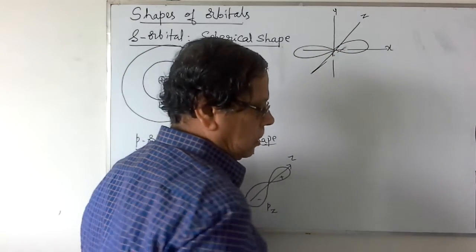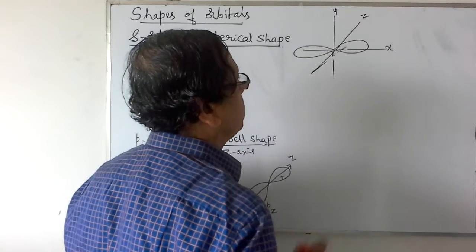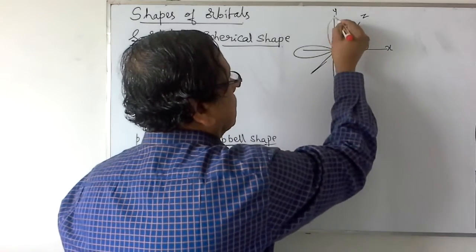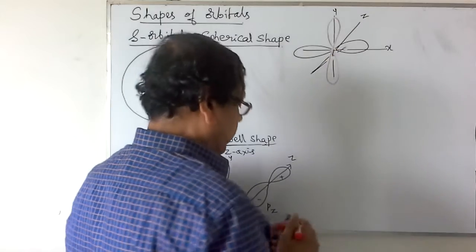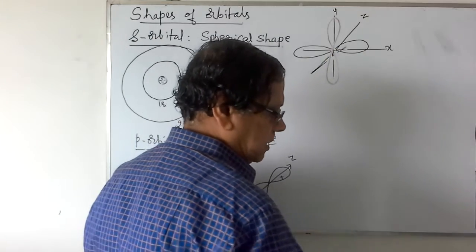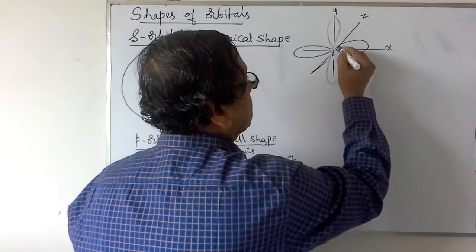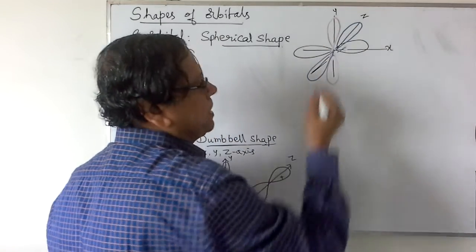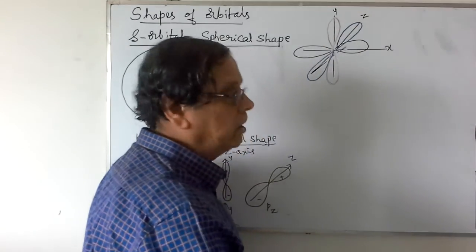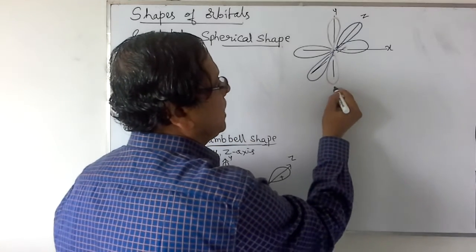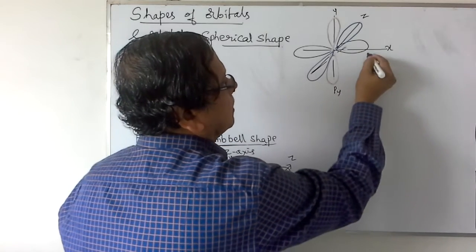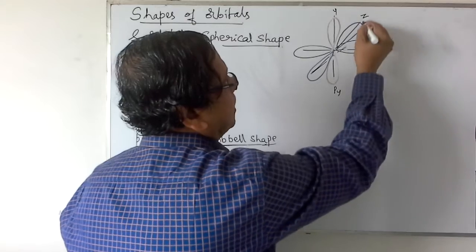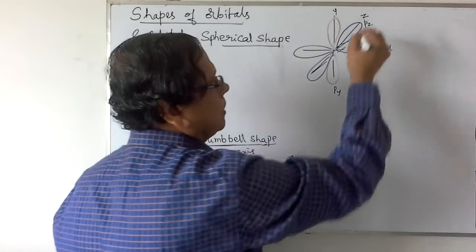When we consider this lobe along the y-axis, we have this py orbital. When we consider along the z-axis, it is called as the pz orbital. So this px, py and pz orbitals, they are actually perpendicular to one another. So this red indicates py orbital, this black px orbital, this is pz orbital.